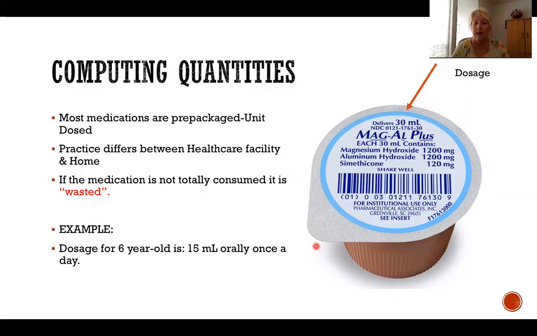And in that case, specifically with narcotics, you're going to have to document what happened to the rest of that narcotic, and it will have to be co-signed by another nurse. In the case of a refusal by the patient, you still have to document in the patient's medical record that they refused their medication, and if there's a reason for the refusal.